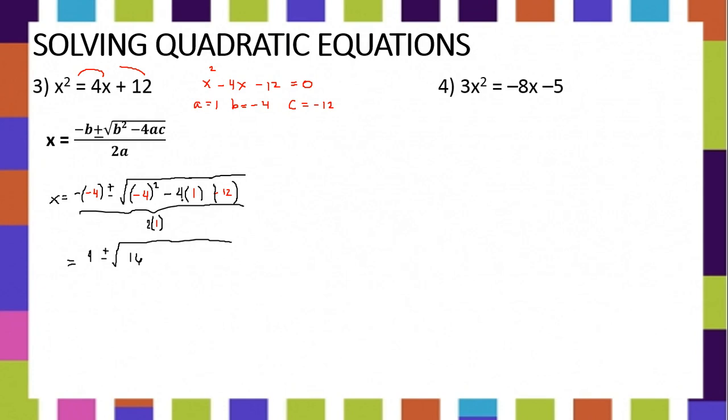Next, negative 4 times 1, negative 4. Negative 4 times negative 12, positive 48.